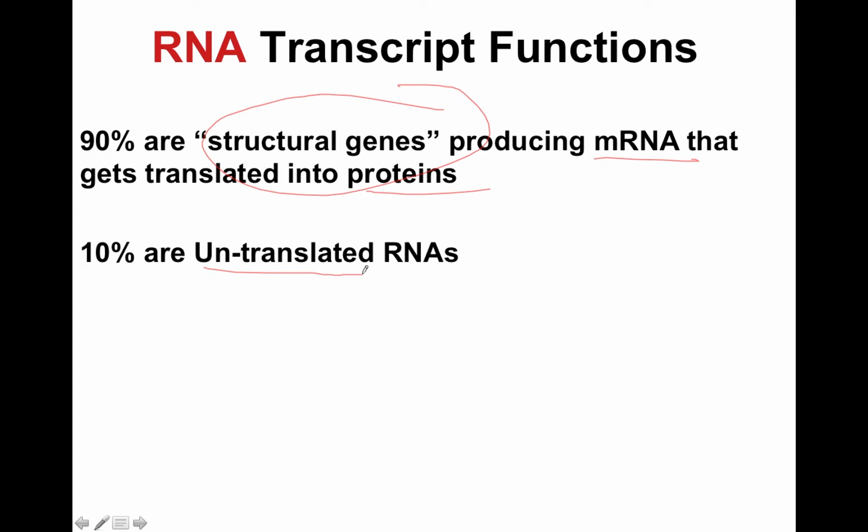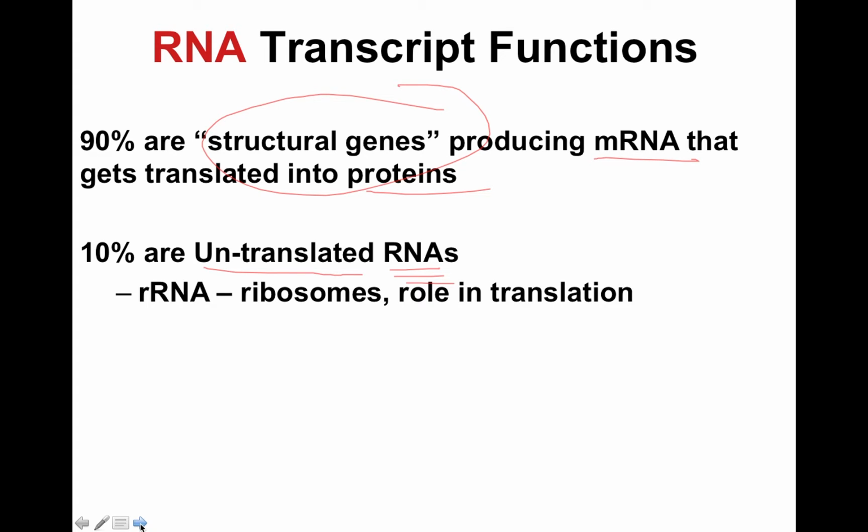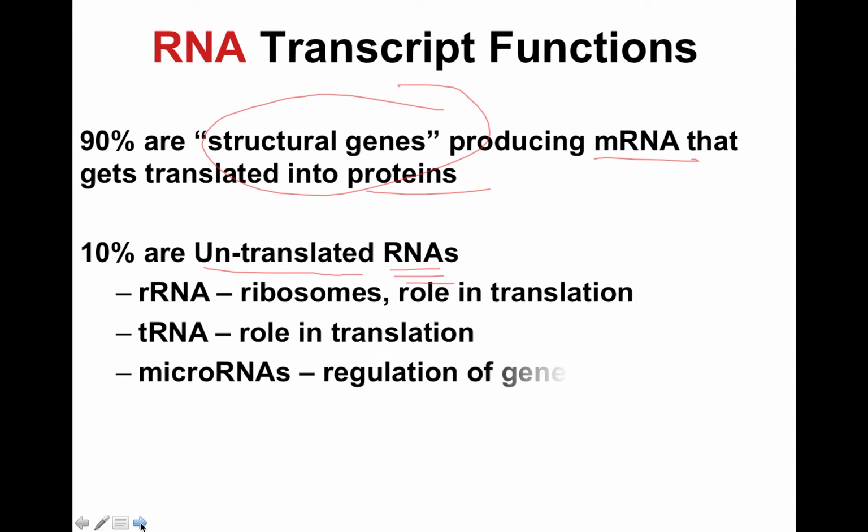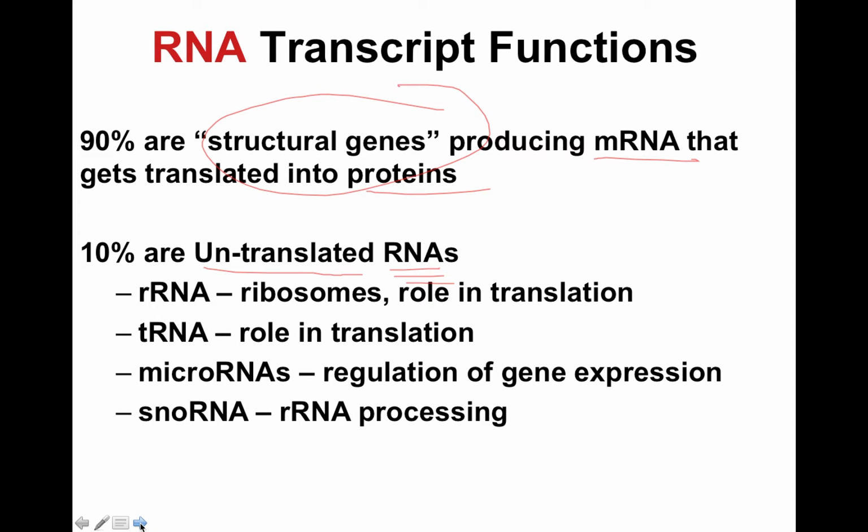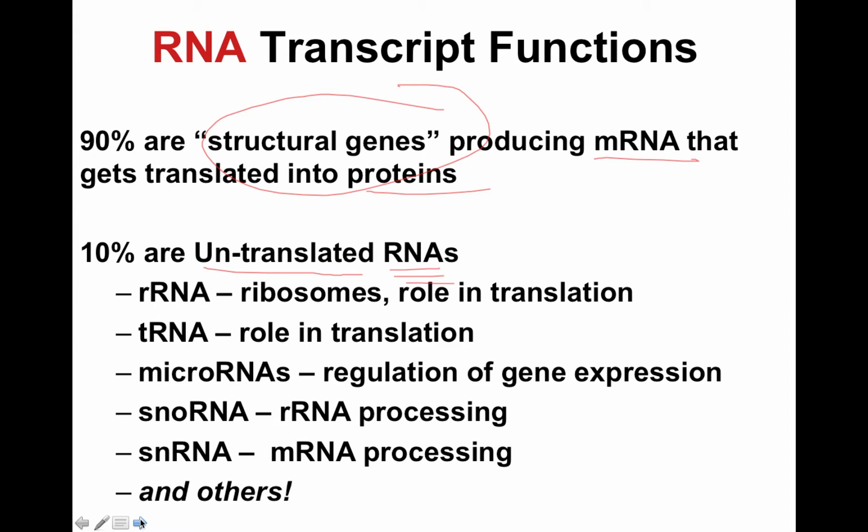They are not translated into proteins. Instead, they function simply as an RNA molecule. They are things like ribosomal RNA, tRNAs, microRNAs, snoRNAs, which are important in ribosomal RNA processing, snRNAs, which are important in messenger RNA processing, and a whole bunch of others, and we keep finding new ones all the time.